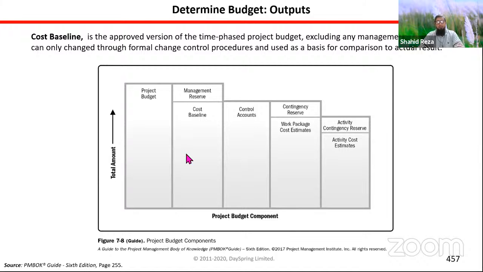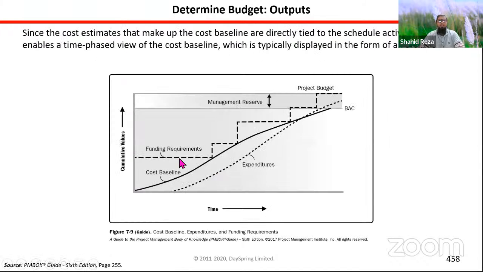All right. Next, cost baseline, sometimes known as S curve. I don't know whether you have heard this term or not. What is S curve? Let me draw a simple graph.